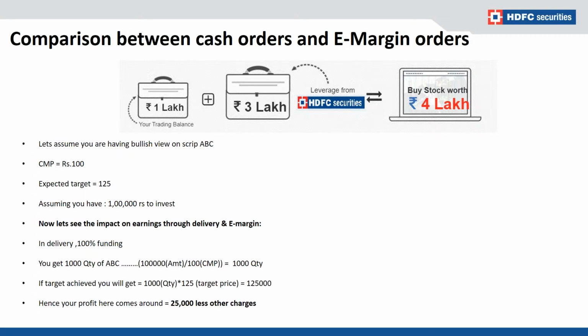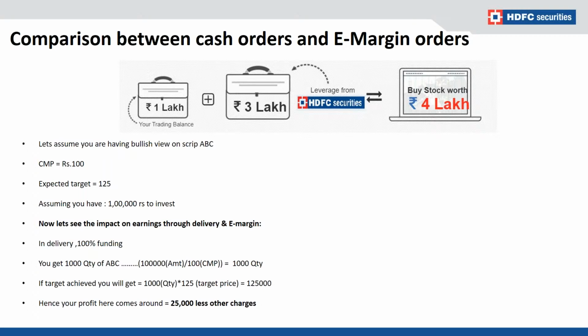So 1 lakh amount of ABC at a price of 100 would come to 1000 quantity. So the customer would have bought 1000 quantity at 100 rupees each, that is 1 lakh.